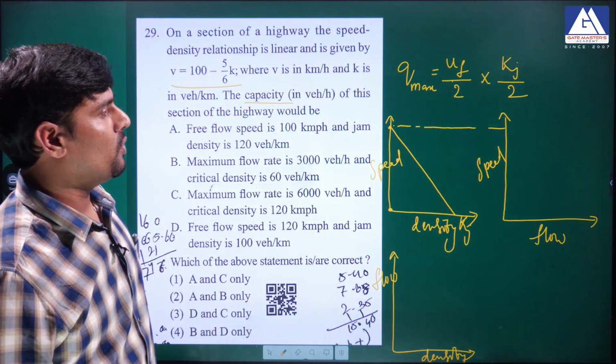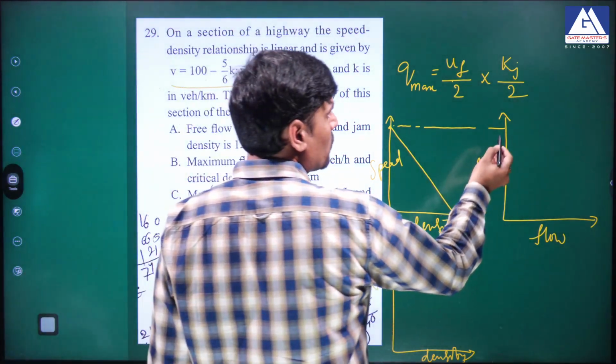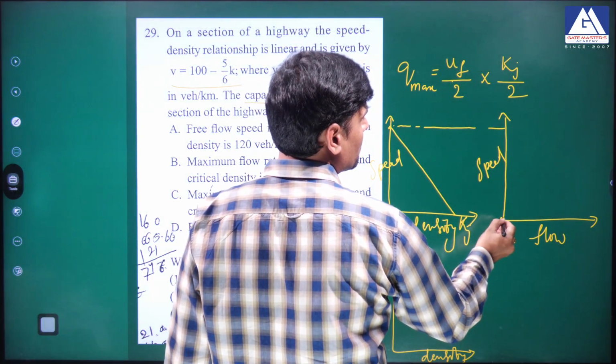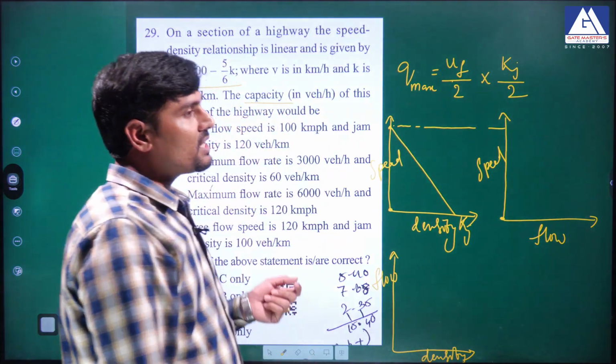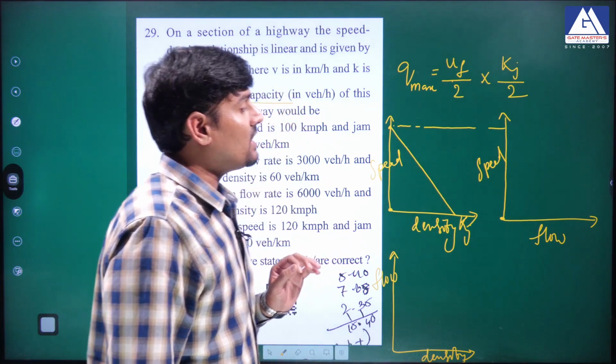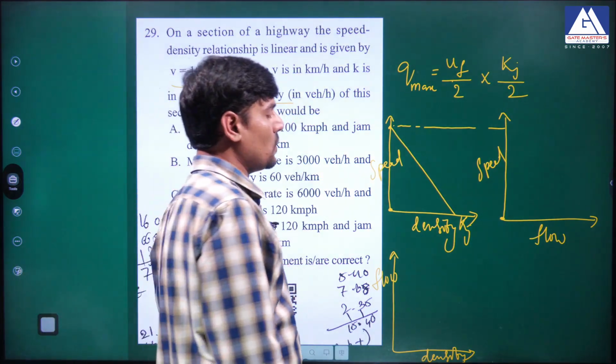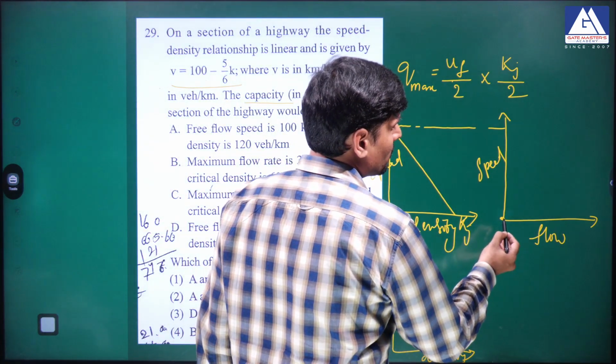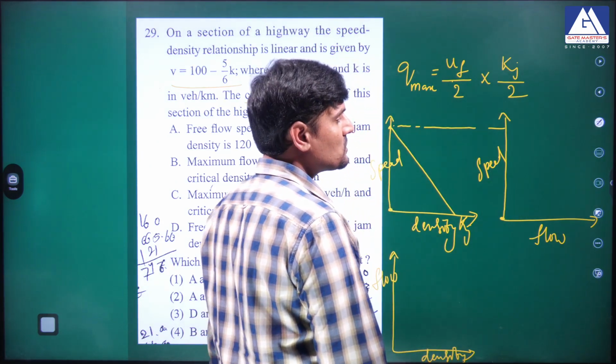Again, transforming this onto the next relationship, between speed and flow: speed can be 0 when the traffic jam condition occurs, that means the vehicles passing through a section is 0. So therefore when speed is 0, flow is also 0.